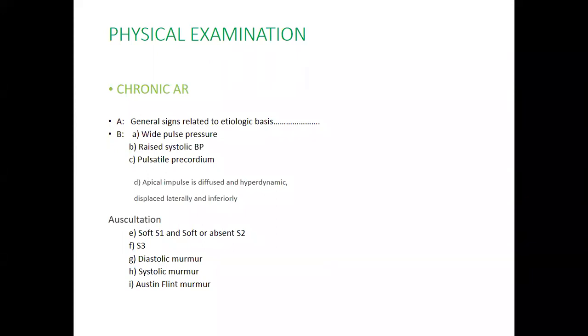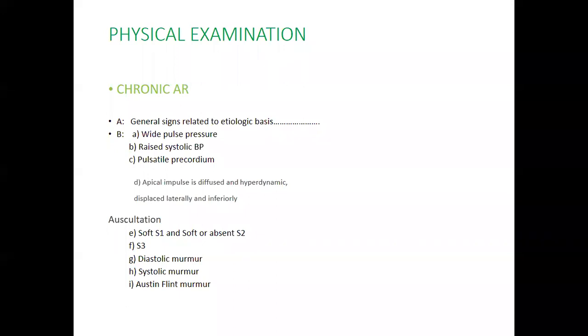On precordial examination, you have a pulsatile precordium, and the apex beat, which in aortic stenosis was sustained and heaving, here is diffuse and hyperdynamic, displaced laterally and inferiorly. So you have a displaced hyperdynamic apex beat.